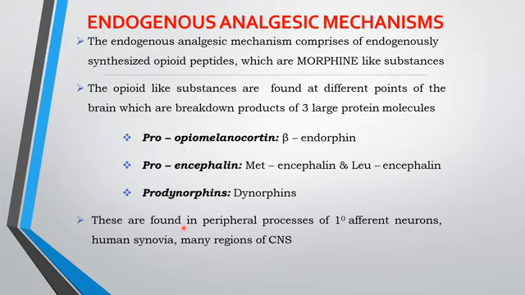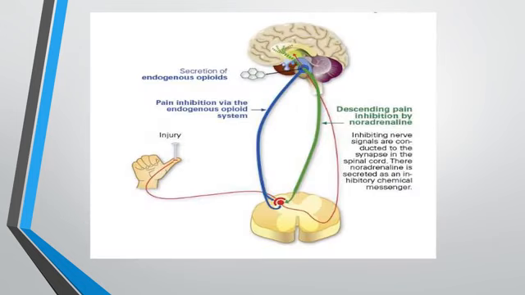These are found in the peripheral processes of primary afferent neurons, human synovium and many regions of the CNS. In this picture, if you observe, when there is injury, the primary afferent neurons go into the spinal cord.